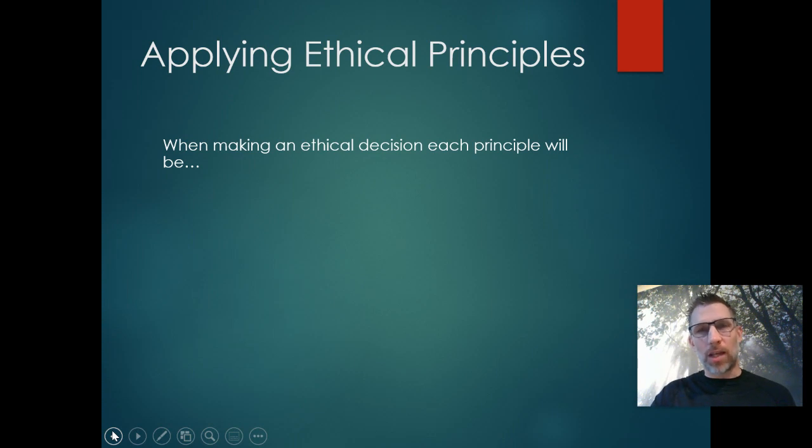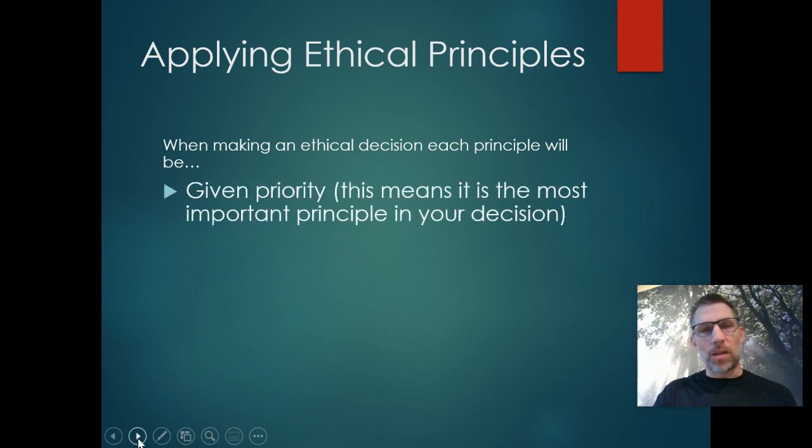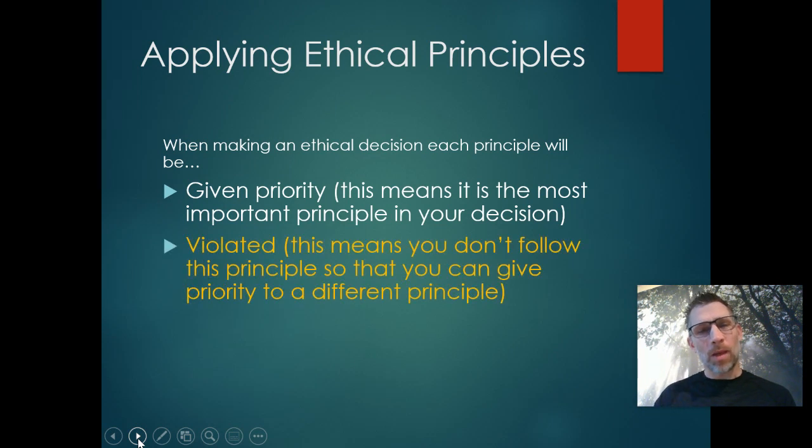So we need some language to help us express which of those principles are driving the decision. When you're making an ethical decision and you're looking at each principle, a principle might be given priority. This means that this is the most important principle in the decision that you're making. Other principles, you might be completely violating.